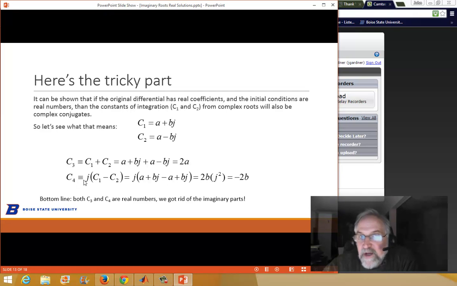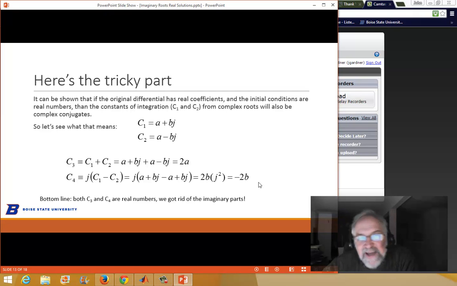But remember, we're bringing the j along from the original solution, which means we have j squared. And so c4 also becomes a real number, because we've brought in the imaginary part from those original constants, and then brought in the j from the solution itself. They multiply out and it drops out.